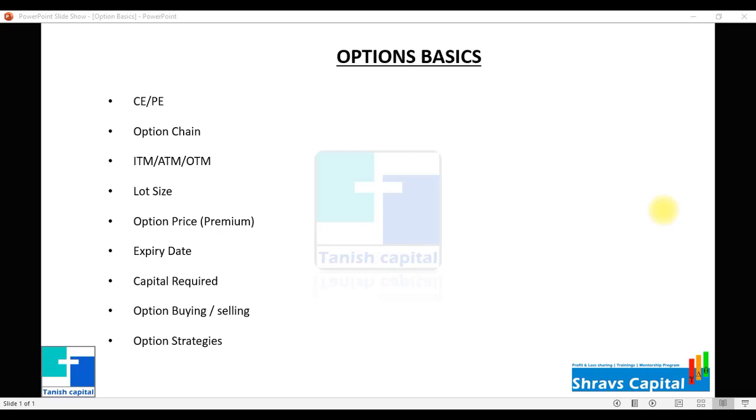Most of the institutional investors and big hedge funds use options to hedge their portfolio. Let's say you hold a portfolio worth crores, you should definitely hedge the portfolio with options. So what is hedging? It is the protection of your portfolio.